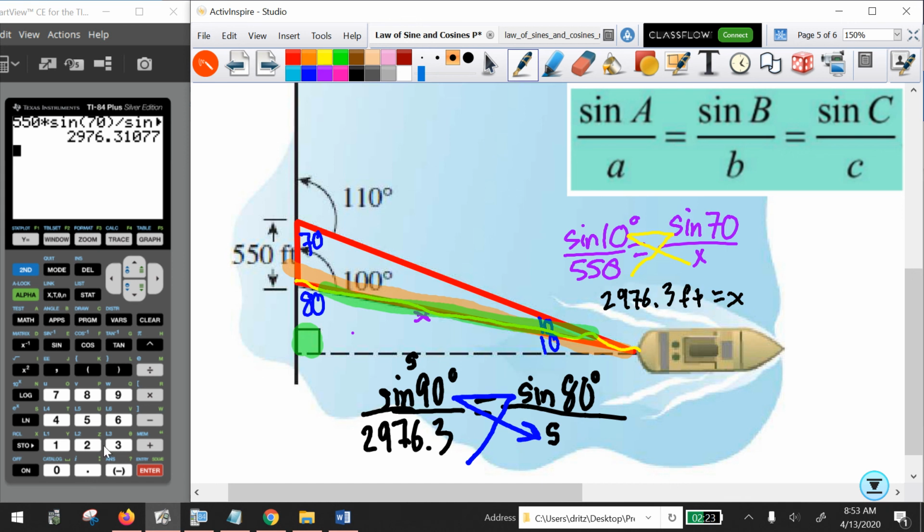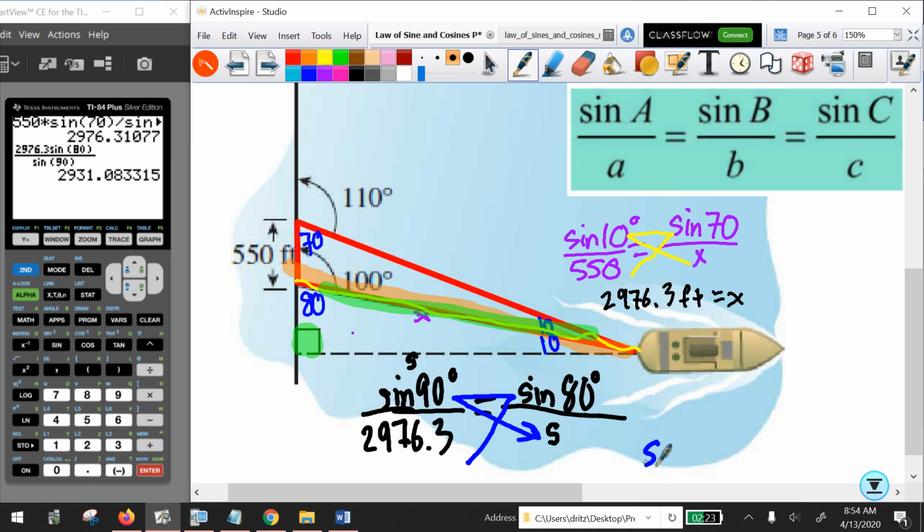So 2,976.3 feet multiplied by the sine of 80 degrees divided by the sine of 90 degrees, and that gives us the distance to the shoreline.